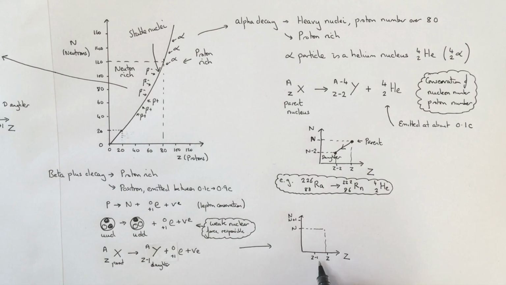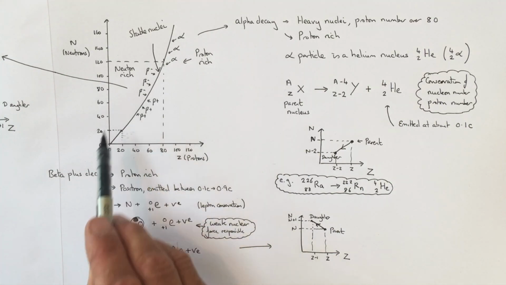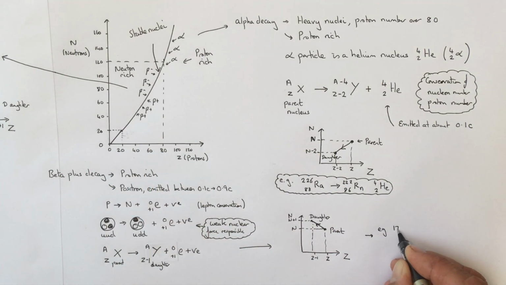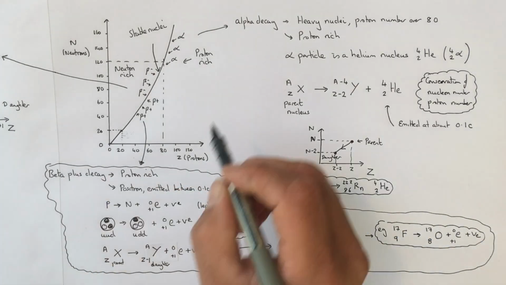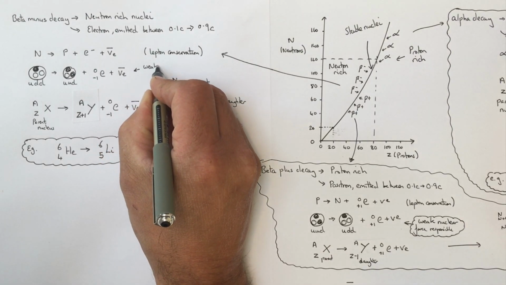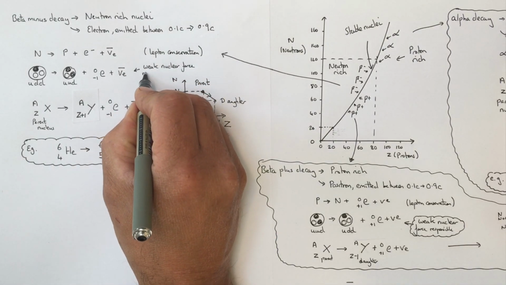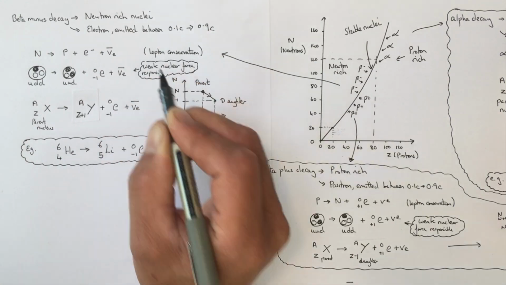We have one more neutron and one less proton. An example of beta+ decay is fluorine into oxygen. And just like beta+ decay, it's the weak nuclear force that's responsible for beta- decay.